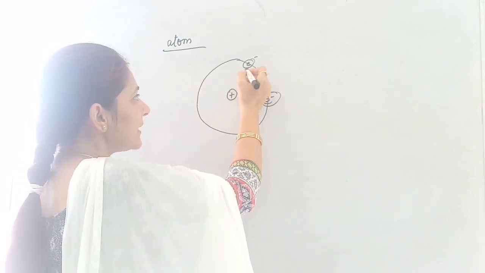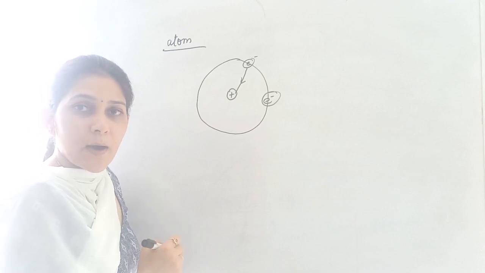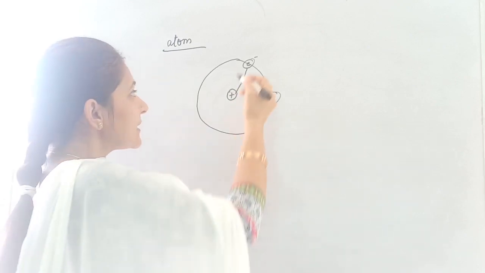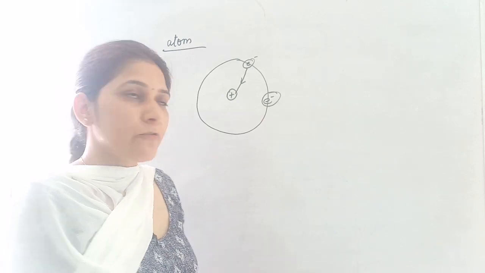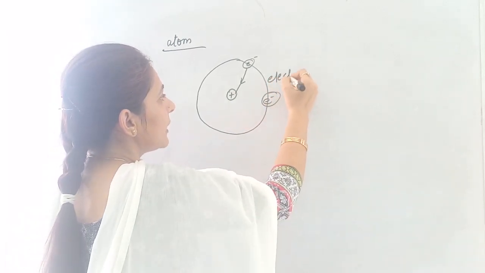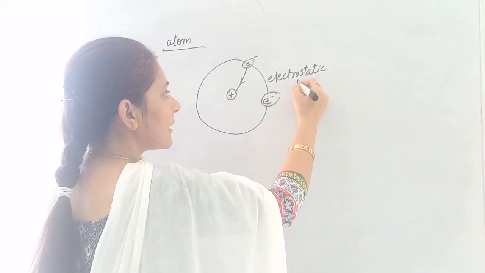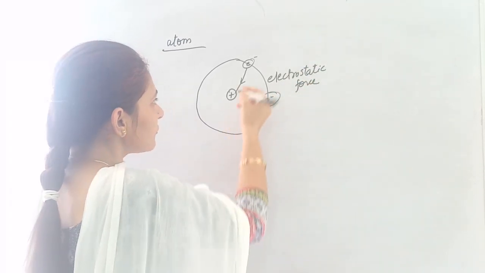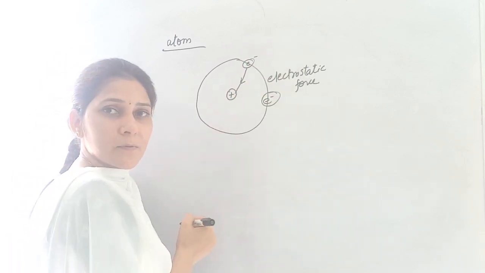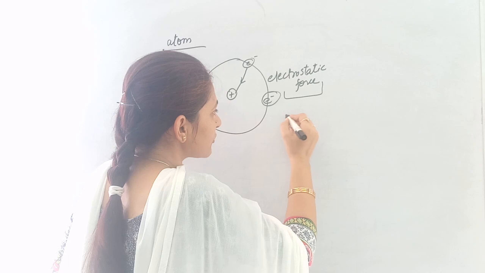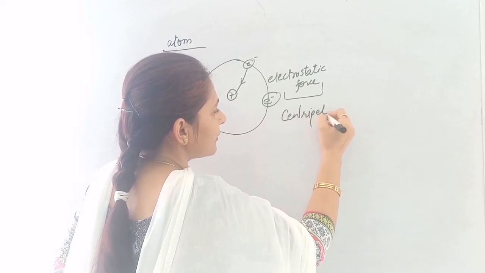These electrons are attracted towards the nucleus by a force, that is, the electrostatic force, because of the different charges. What is the direction of this electrostatic force? Towards the nucleus, which means towards the center. So this electrostatic force itself here is the centripetal force.